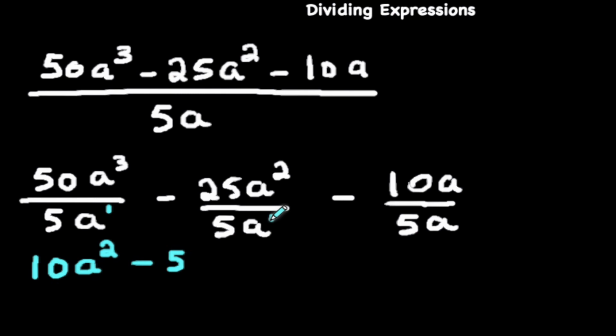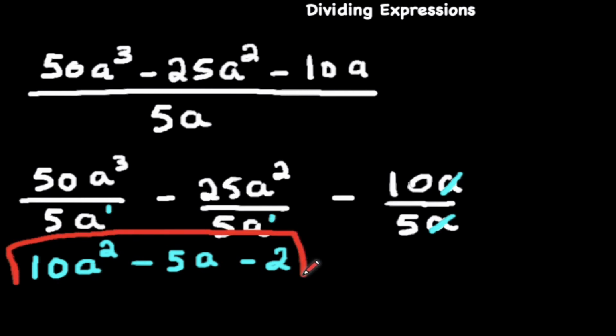This is a 1 for an exponent. 2 minus 1 is simply 1, so we can just leave it as 5a minus 10 divided by 5 is equal to 2. And notice the a's cancel out because a divided by a is 1. Okay, so our final answer is 10a squared minus 5a minus 2.